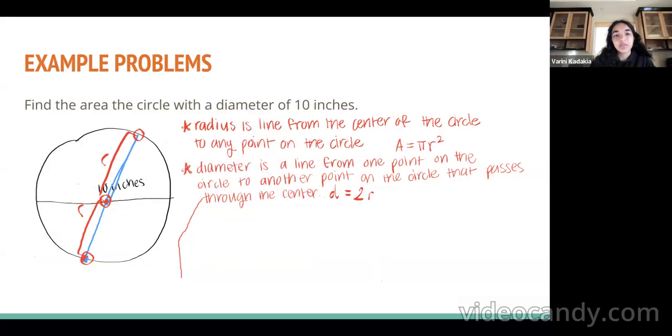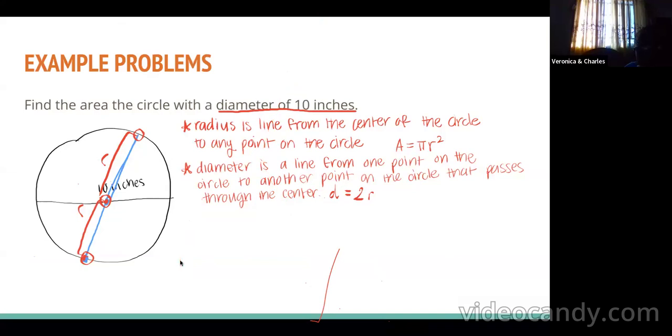Okay. So then what we're gonna do is let's solve this problem. We know that our diameter is 10 inches. What does this tell us about our radius? Please don't draw on the screen. Radius will be 5 inches.